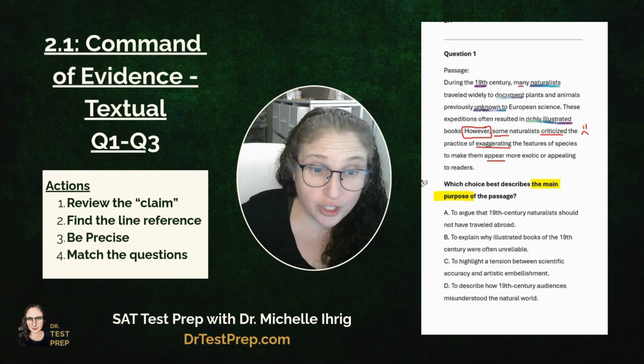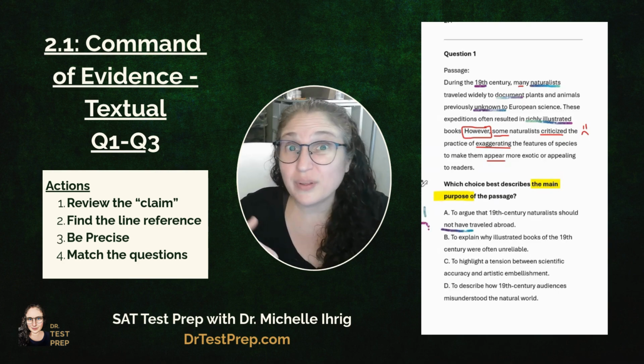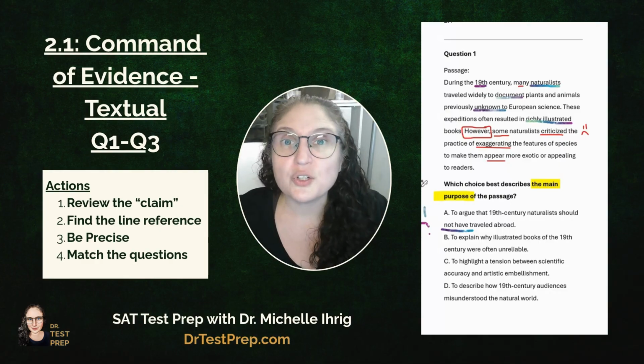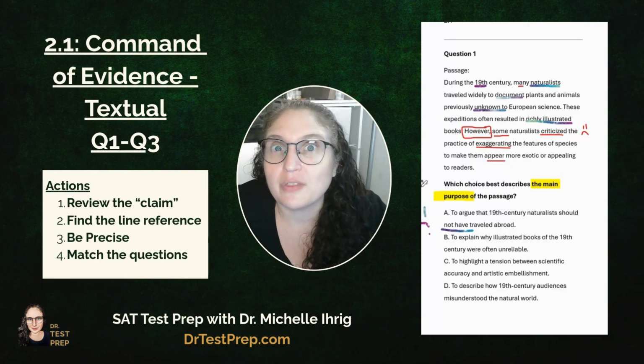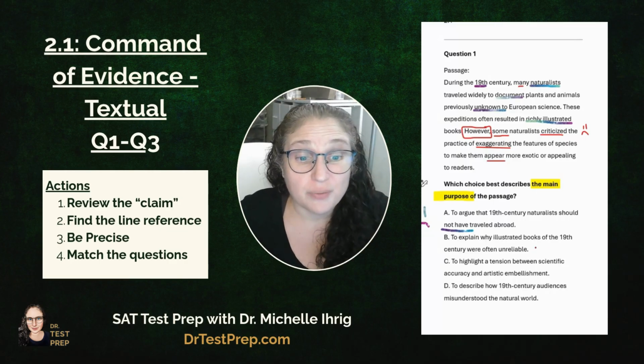Did they argue that the 19th century naturalists should not have traveled abroad? No, there wasn't any type of arguing at all. They disagreed not with the traveling, they disagreed with how they talked about the pictures. To explain why illustrated books of the 19th century were often unreliable.